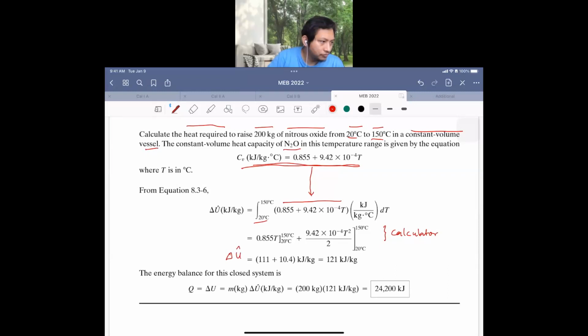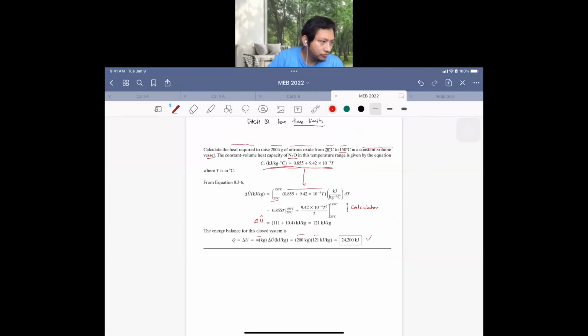So we need to multiply with the mass, or mass flow or mole. So we multiply 200 kilograms with 121 kilojoules per kilogram. This is the heat that is required.